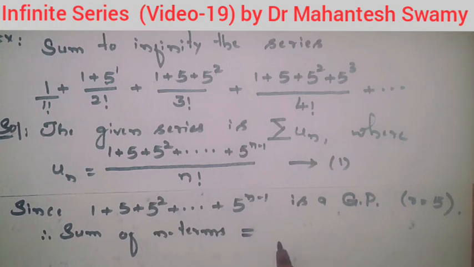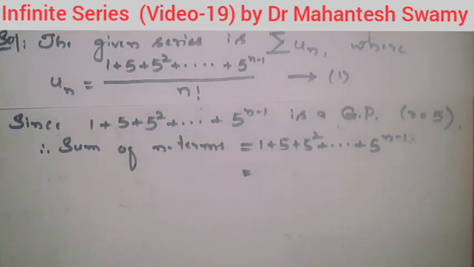of this is equal to the sum of n terms of this, that is 1 plus 5 plus 5 square plus dot dot dot plus 5 to the power of n minus 1, which is equal to, we are having the formula r raised to n minus 1 divided by r minus 1.